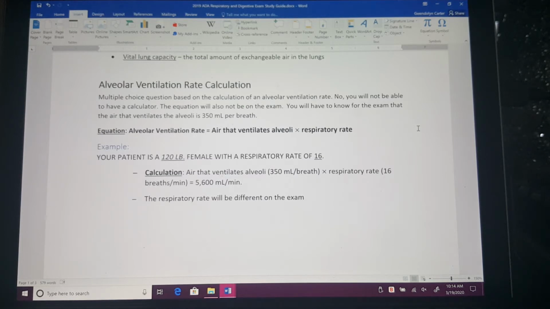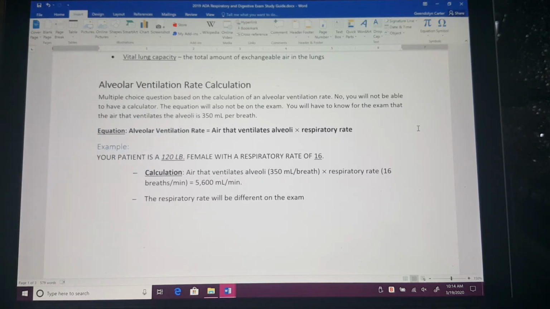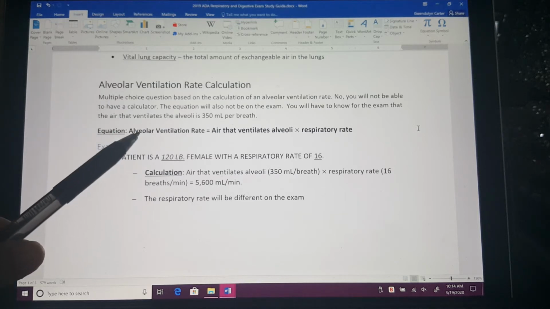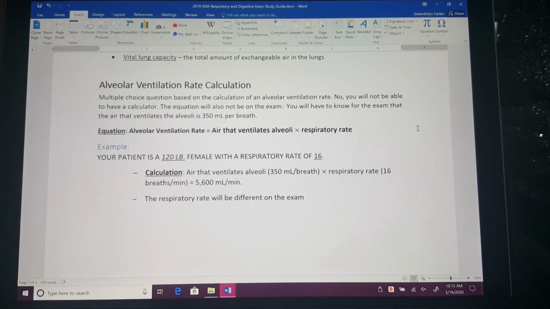Do note that one of the answer choices will be, instead of using the 350 milliliters per breath, using the tidal volume of 500 milliliters. So I forgot what I did for the other two math choices, which are just like common math errors, but that is an option where instead of using the correct air that reaches the alveoli, I use the tidal volume as one of your incorrect answer choices.